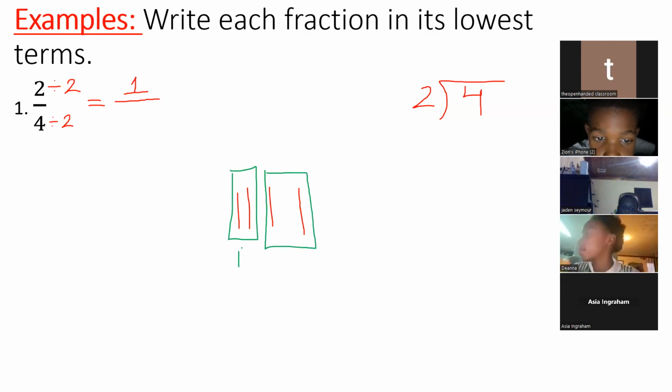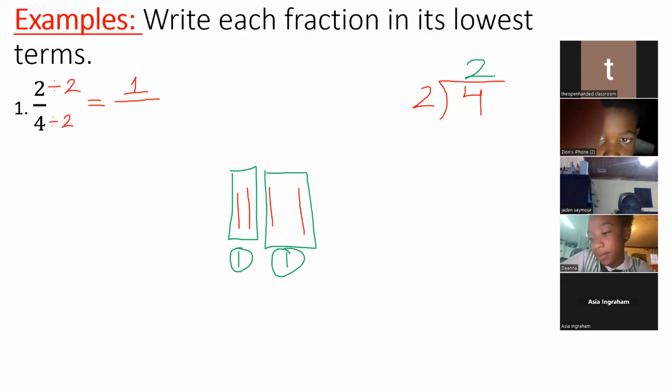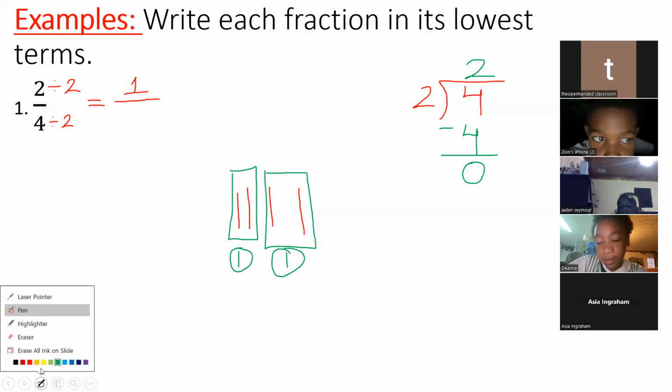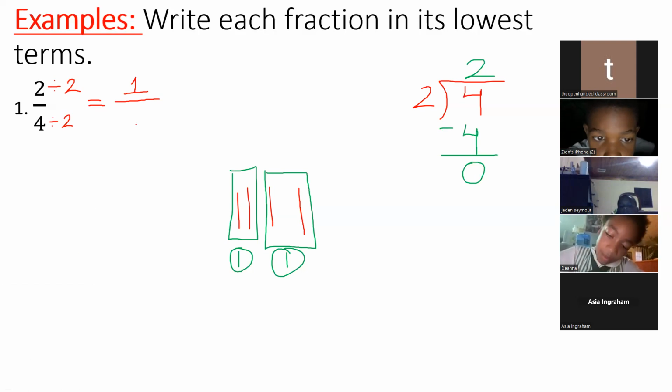So how many times can 2 go into 4? Twice. Very good. And what is 2 times 2? 4. So then you subtract, and 4 minus 4 is 0. So 4 divided by 2 is what?